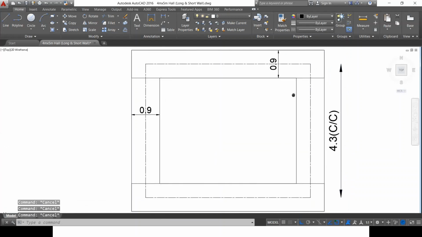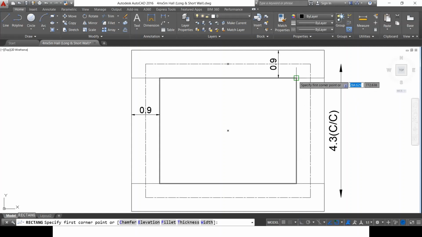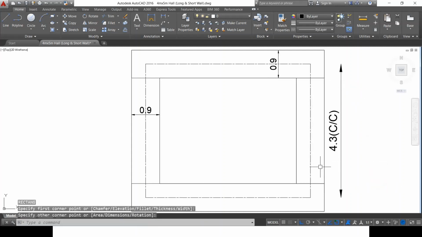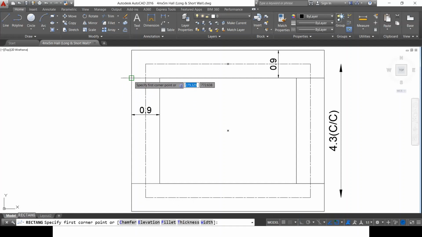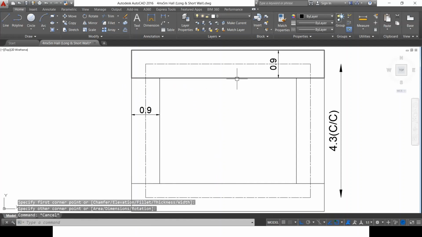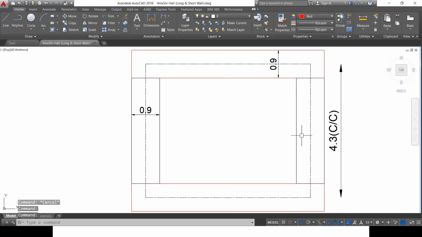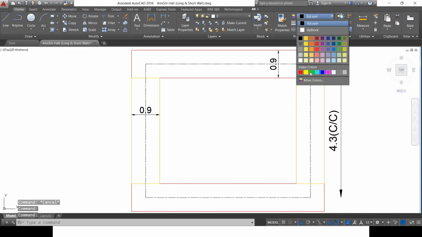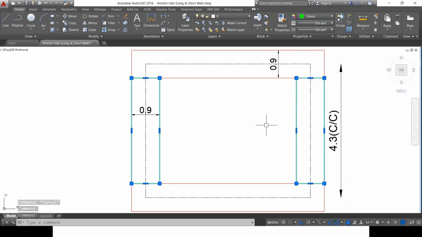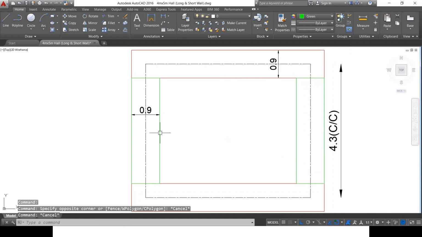So 4.3 minus 0.9 divided by 2 minus 0.9 divided by 2, I'll be getting the area of excavation which has to be done for this area and for this area also. Which I'm going to highlight by some other color so that we can easily differentiate between the things. So now red color here is indicating the long wall and green color here is indicating the short wall.